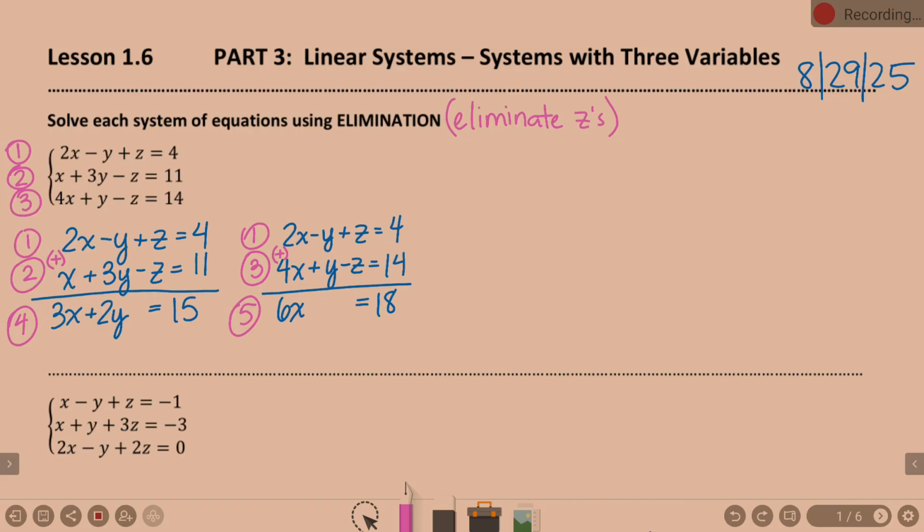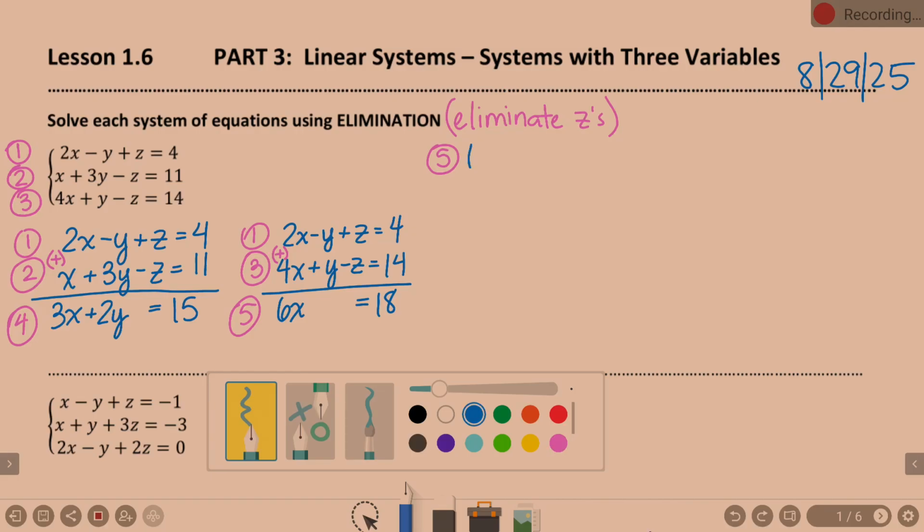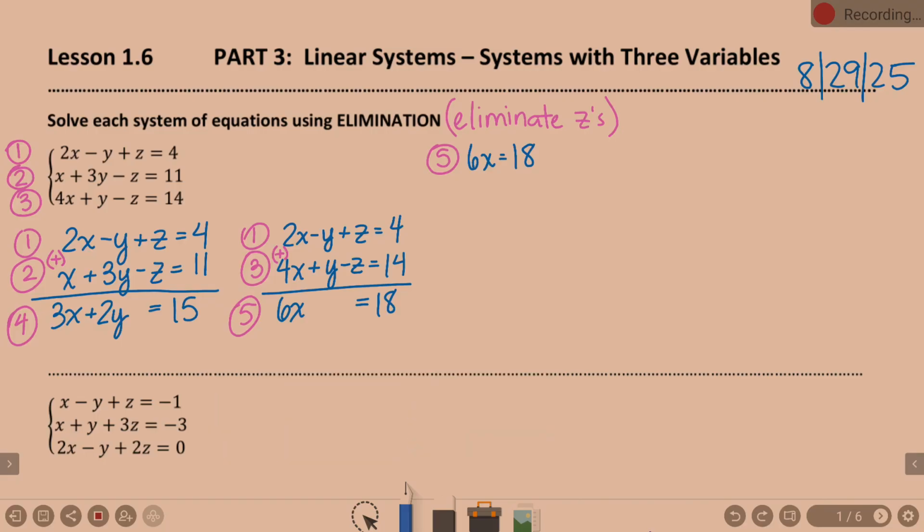Normally, we would take 4 and 5 and see what would happen if we put those together. However, what can I do right now? Can we find x right now? Yes. Okay, so let's not make life any more difficult than it needs to be. Let's find x. If your equation is 6x equals 18, how do we solve for x?